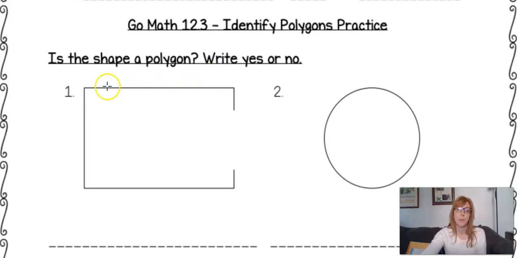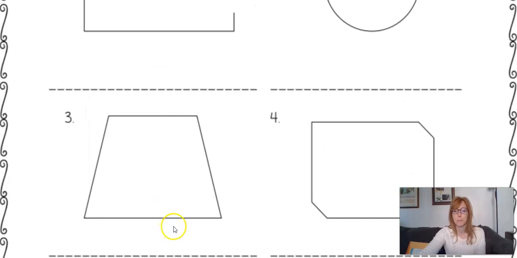So you think about the rules of a polygon, and it is a closed shape that is made up of line segments and no curves. So you can see that this is open here, and then this one is curved. So hopefully you're deciding, okay, does this fall into a polygon category? And your answer should be no to both of those.